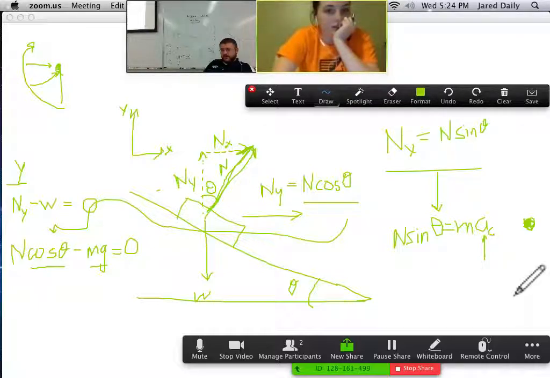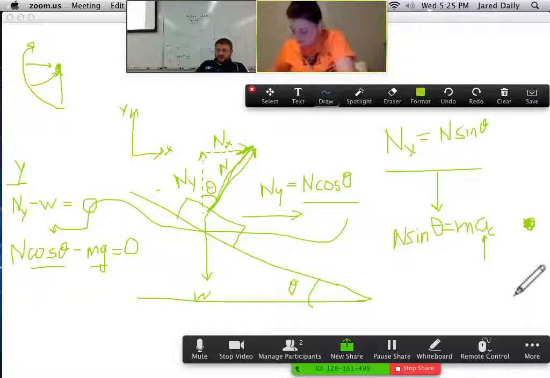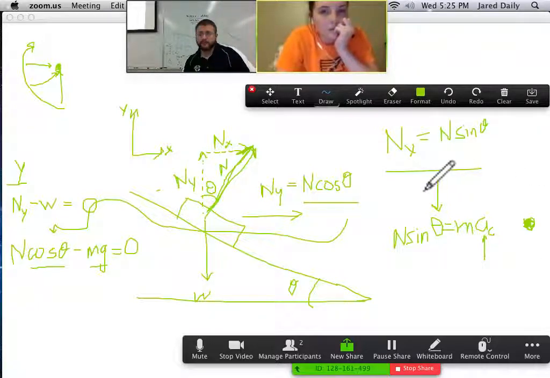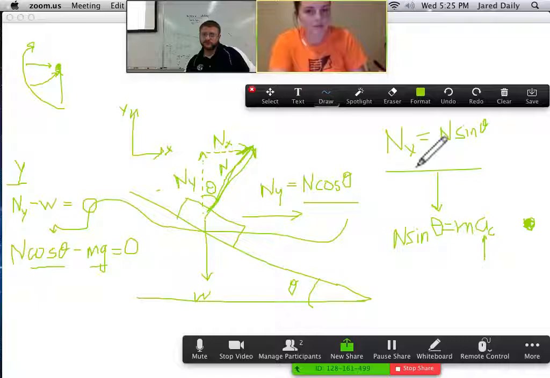I'm looking at 27 here. It has two boxes that are connected with a connecting rope, and they have different masses.